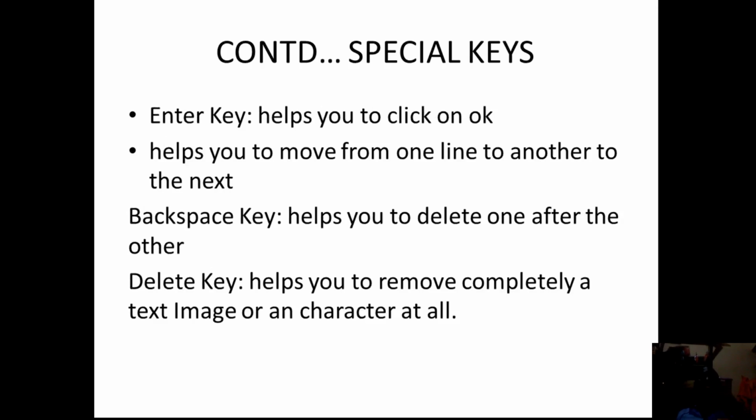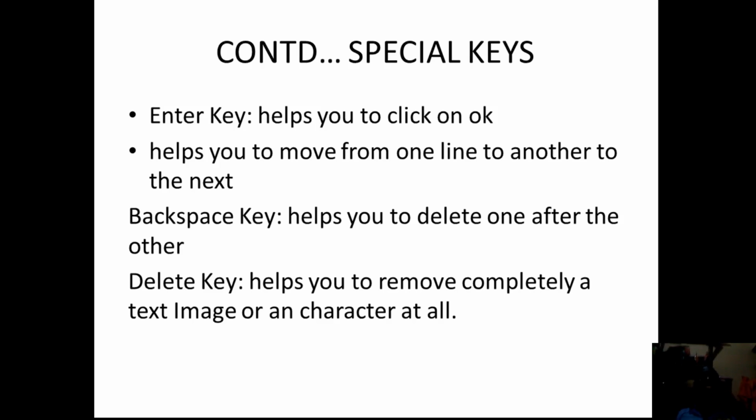Now next is the enter key. The enter key helps you to click on OK automatically, or again it helps you to move from one line of a document to another. Now we have the backspace key also, which is a special key. It helps you to delete one character after the other, and the delete key helps you to remove completely a text or an image or any character at all.